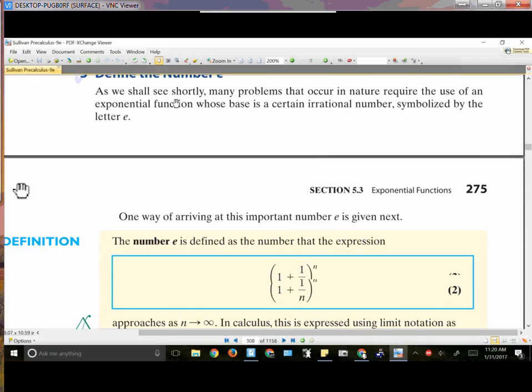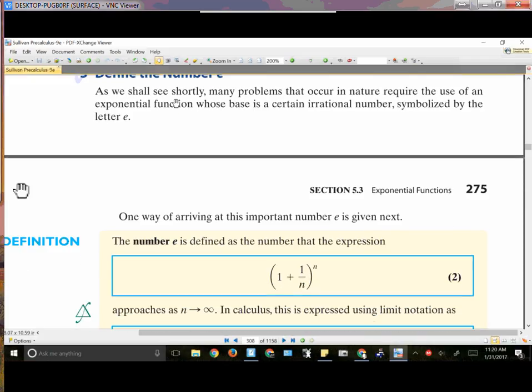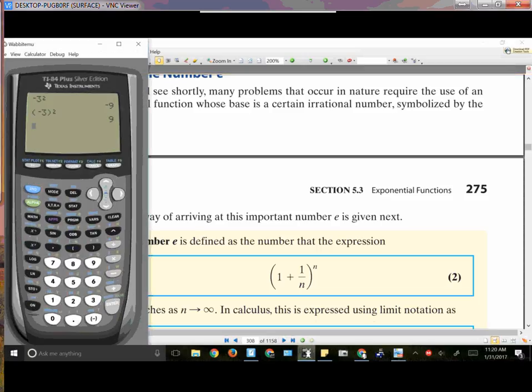Now, there is another number that you guys are going to have to deal with, and that's the number e. Grab your graphing calculator. You will see right down by natural log, right above here, ln, and then there's going to be a little e up there.